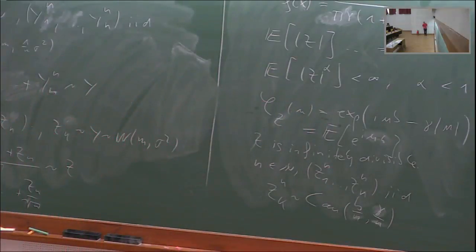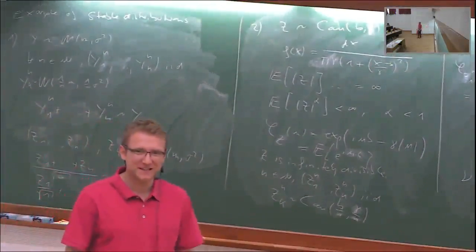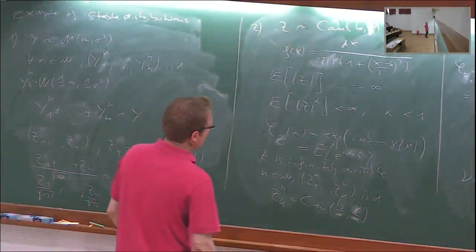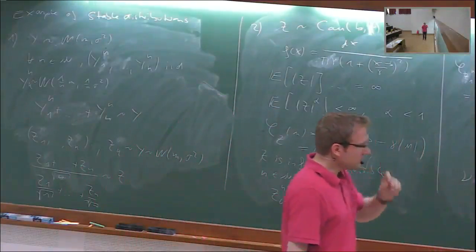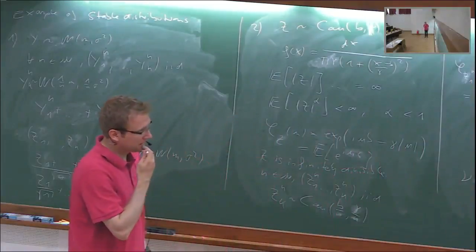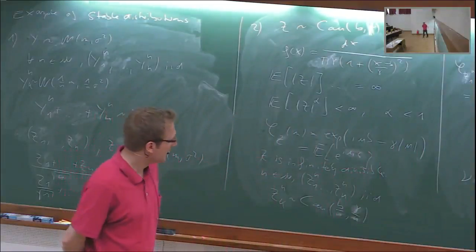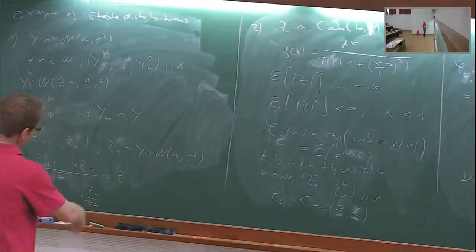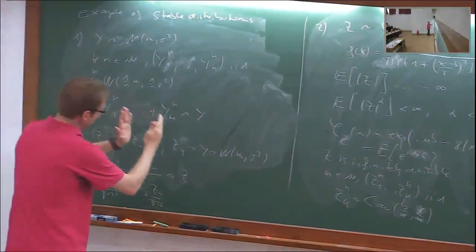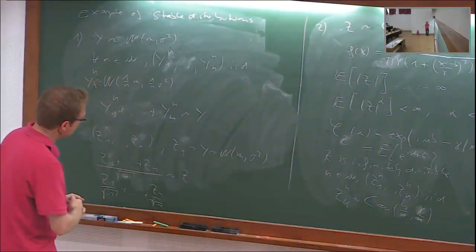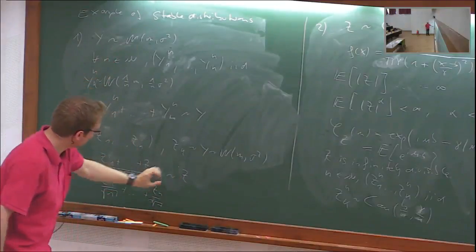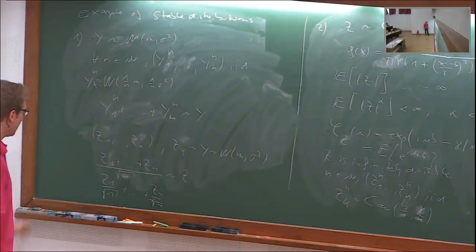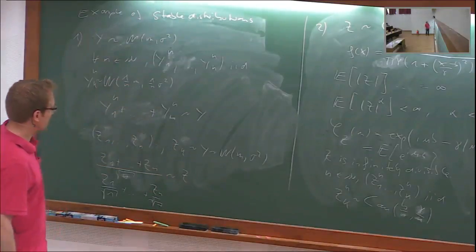So the result is not too complicated, but it's quite some calculation. So there are several ways to do it, but one way to see it will be just something we can do maybe in the afternoon. Okay? So stability means that a distribution is stable if you can sum up rescaled versions of the original distribution and you get back where you started with.